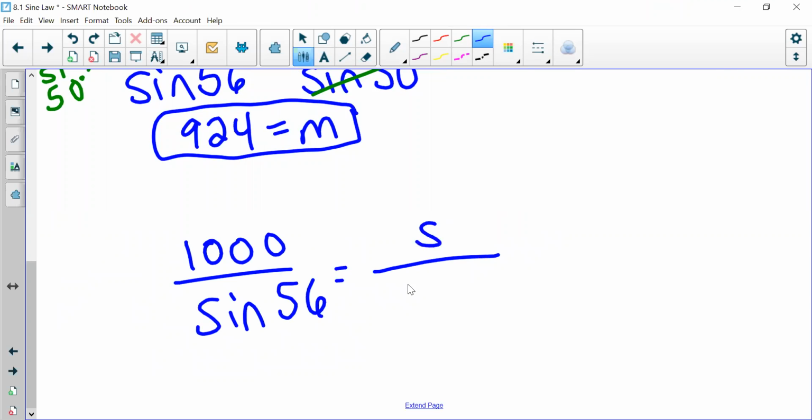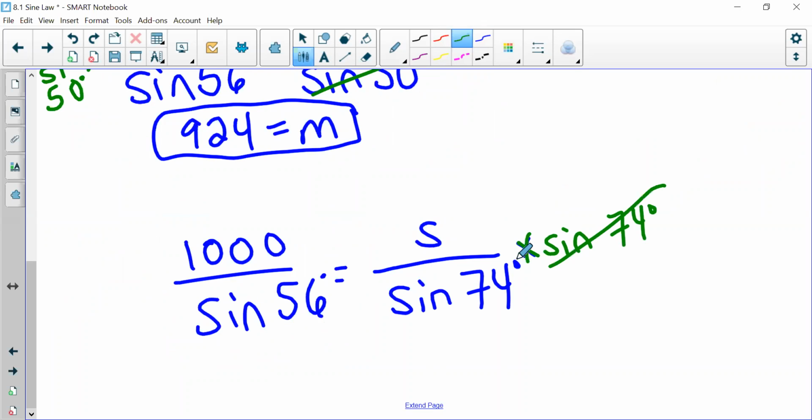How do I isolate for S? You have to do the same thing on the other side. Whatever you do to one side, you do to the other. Perfect. So I'm just going to multiply by the sine of 74.